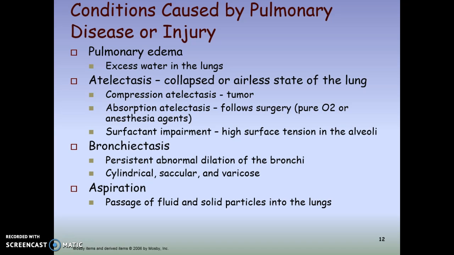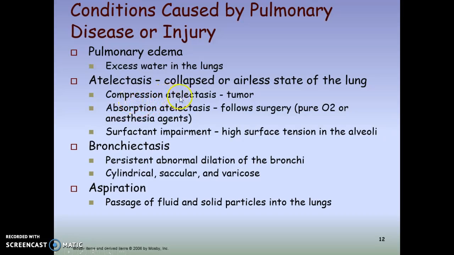All right, now just some diseases or injuries that can occur. Pulmonary edema. This is going to be excess fluid in the lungs, right? Water is probably not the right word, but rather fluid. There can be atelectasis. This is going to be a collapsed or airless state of the lung.